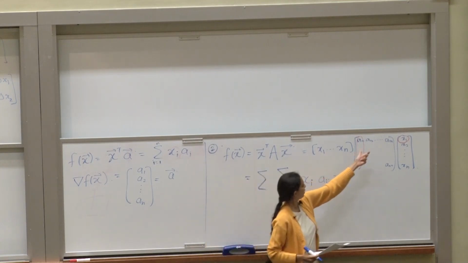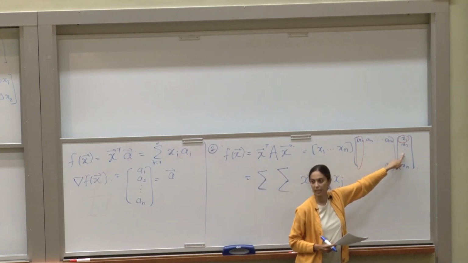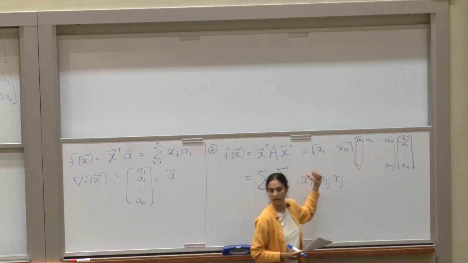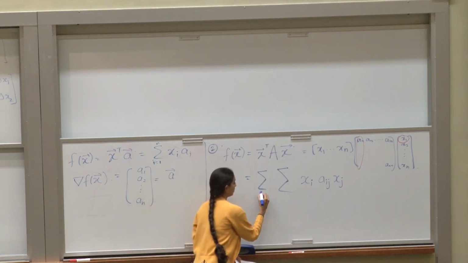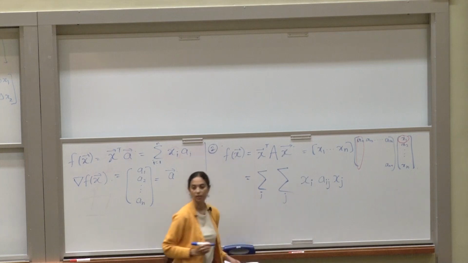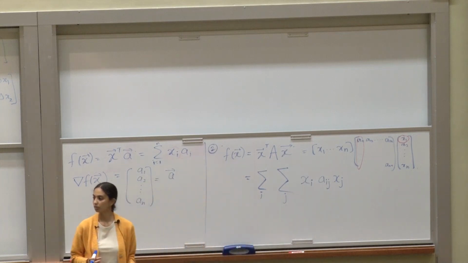I take the row element, and then I take the corresponding one. Every term can be written exactly like this. And I write this as a summation over i and a summation over j. Okay?